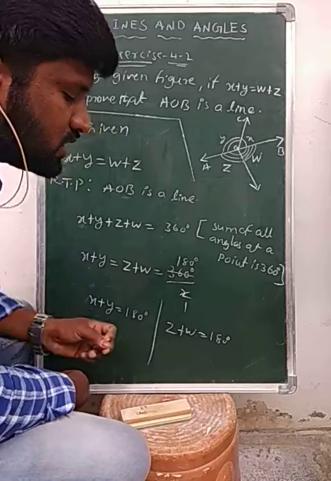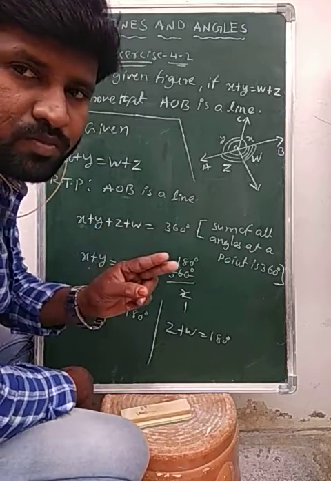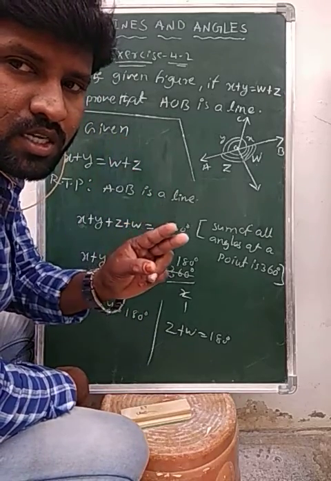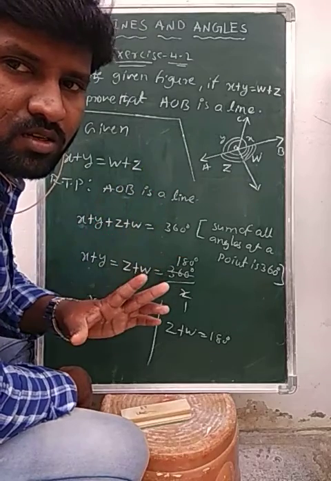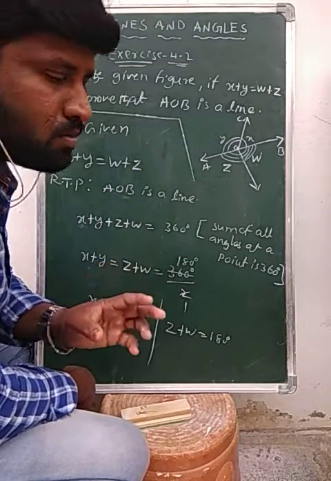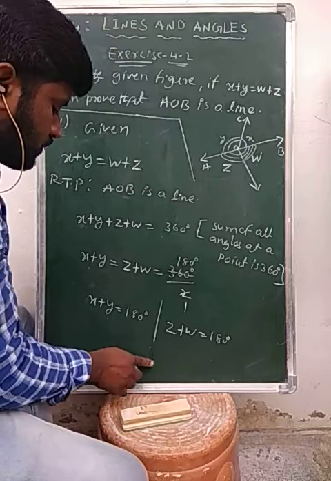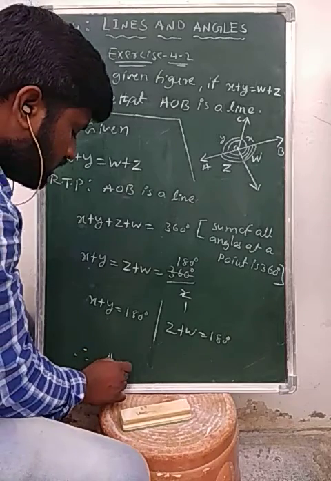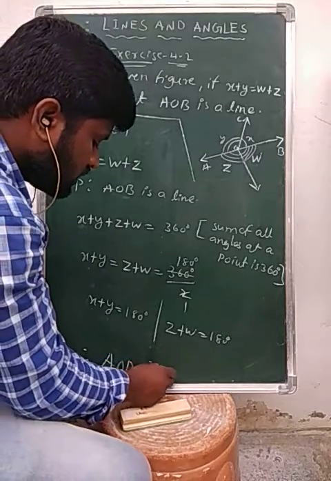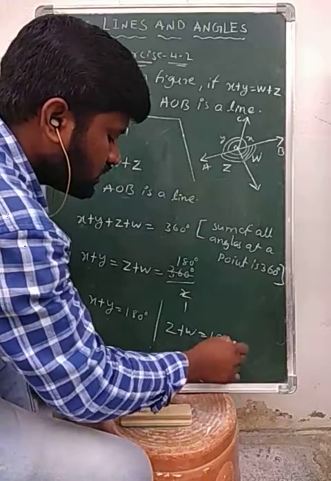So clearly we can say that by the statement, two adjacent angles whose sum is a straight angle, that is a linear pair, therefore AOB is a line. Yes or no?